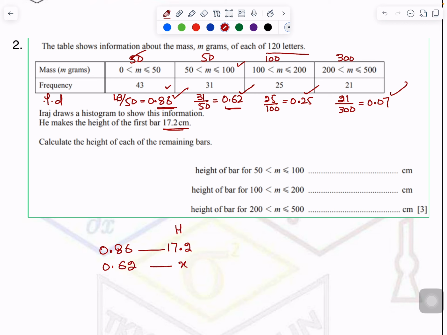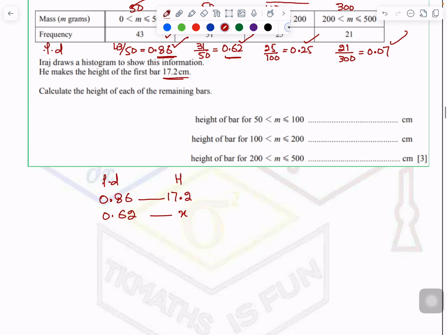This is representing height and this is representing actual frequency density. So you know how to solve it. X is equal to 0.62 times 17.2 divided by 0.86. Right? So what is the answer coming? Yes, 4. So your first answer, the height will be up to 4 centimeters.